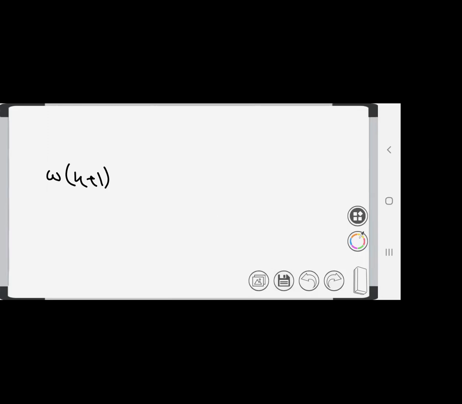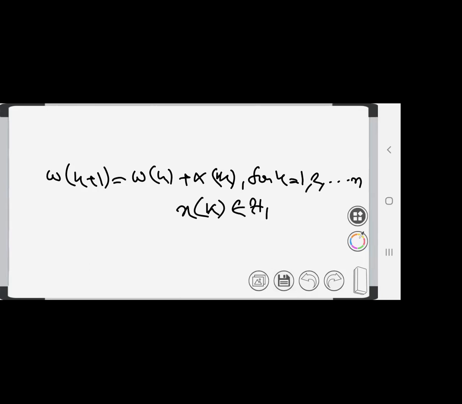And it's another way of proving this. So this can be written as W k plus x k for k equal to 1 to n, and x k belongs to training set h.